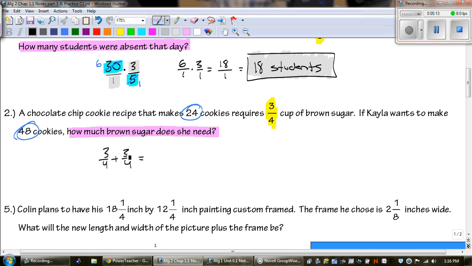We can just add straight across, and we get 6/4. That's right, the denominator does not change. We always want to reduce our fraction, and then 6/4 reduces by 2 to 3/2. Okay? And we would say 3/2 cups.